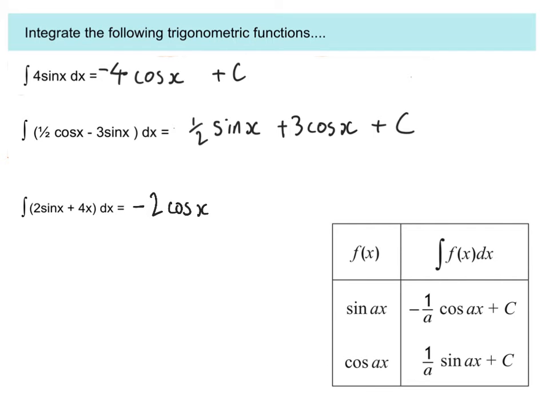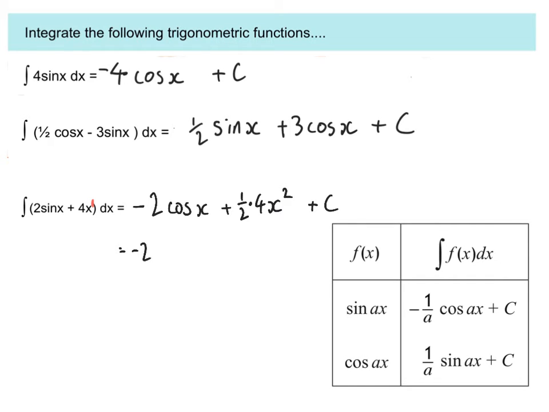The 4x, so the 4, that doesn't change. I've got x to the power of 1, so it's an implied 1 in there. I can increase the power by 1 and divide by that new power. So I divide by 2, or multiply by a half. Then I need to remember to put my constant on at the end there.